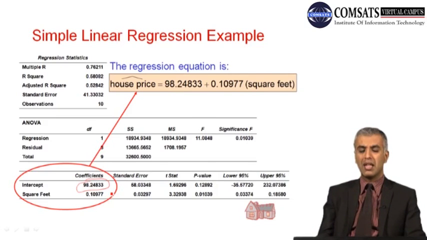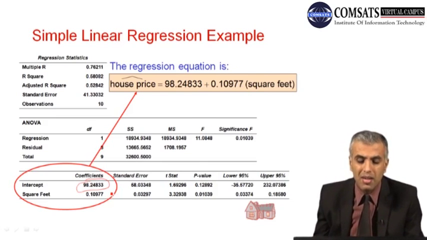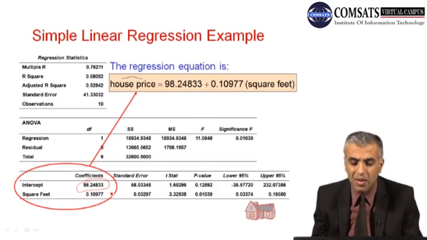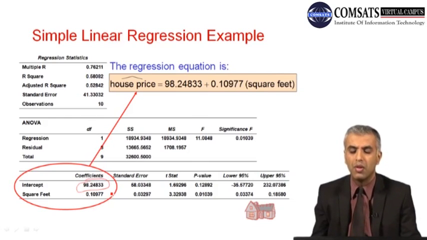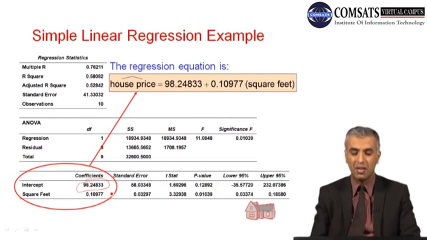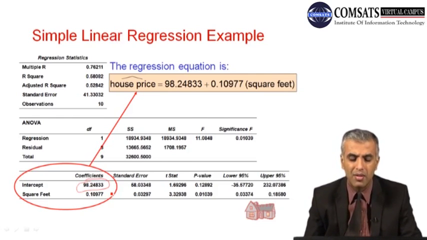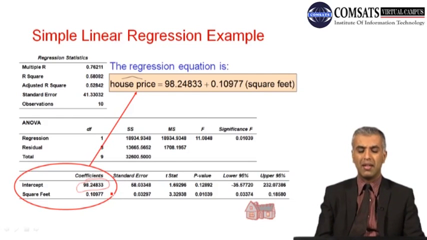And once we have put these values in the regression equation, you can see that house price is equal to 98.24 plus 0.1097. Now here we have just written the model in equation form, because as has been told to you before, there's not much of a difference between these values and the real-time values.